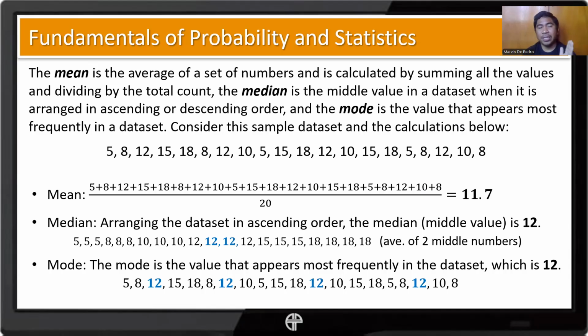So in this case, this is a multimodal data set. Okay? So unimodal if we only have one mode, multimodal if we have more than one. Okay? So we have more examples in our face-to-face discussions. This is just an introduction.